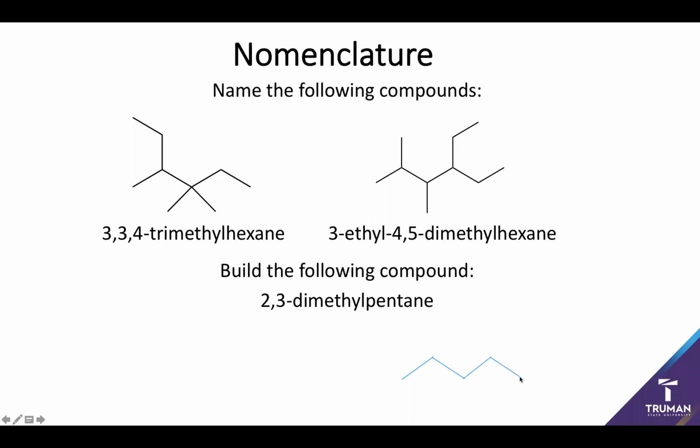I have 5 carbon atoms long, and I've got 2 methyl groups. So this is going to be on 2 and 3. We can start on either end. So 1, 2, put a methyl group here. 3, put a methyl group here. And ta-da, we've got 2,3-dimethylpentane. And so we can use these same general rules to build most organic molecules.